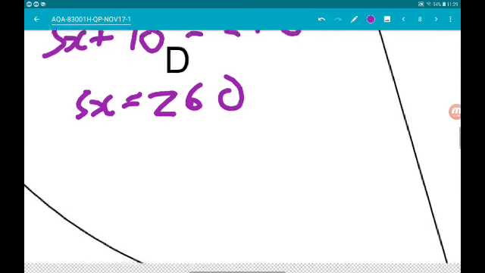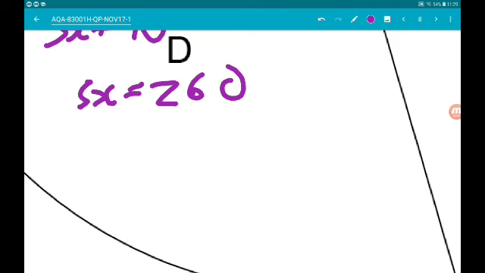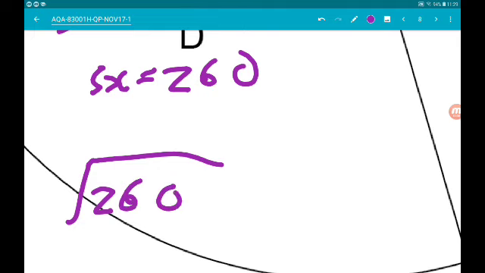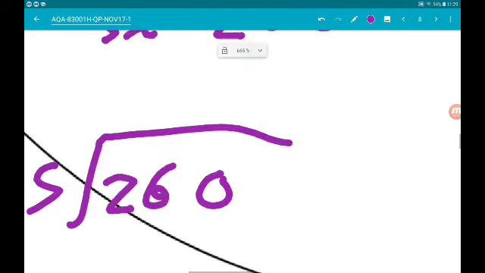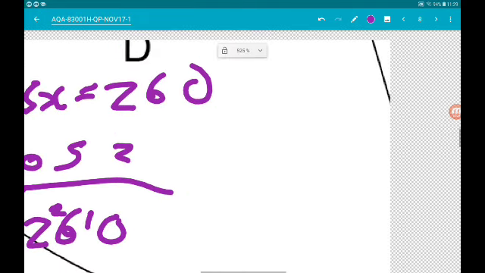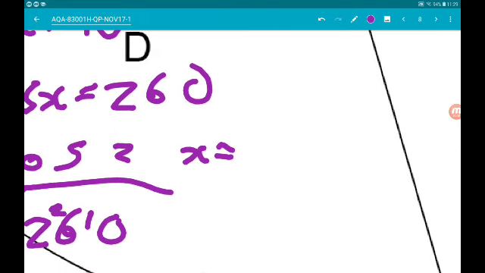Now we need to divide by 5. So for this, bus stop can help. So 5's into 2, nope, carry the 2. 5's into 26, go 5 times, 1 remainder. 5's into 10, go twice. So x is 52.